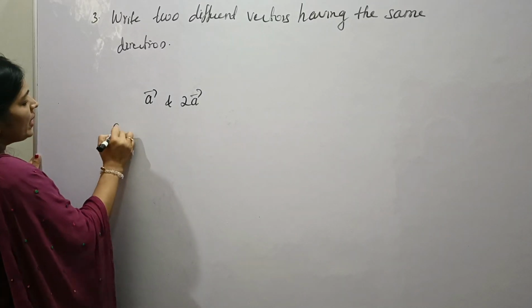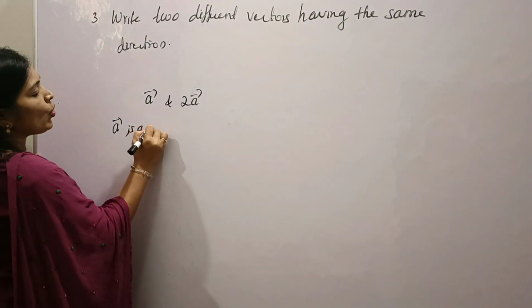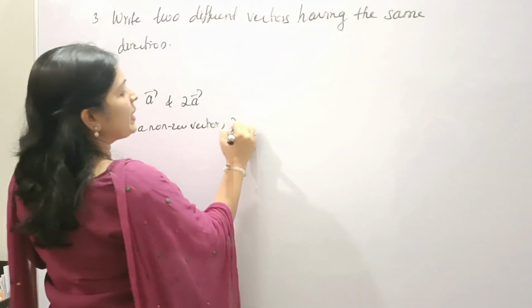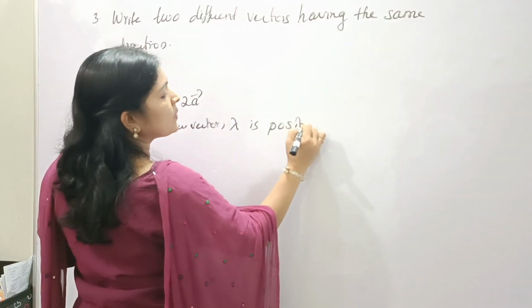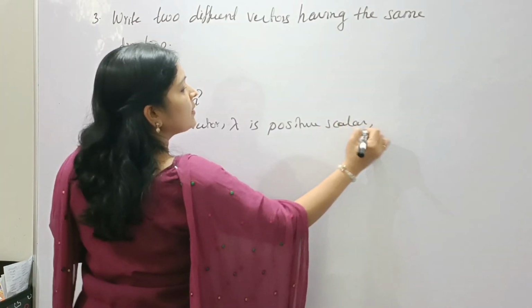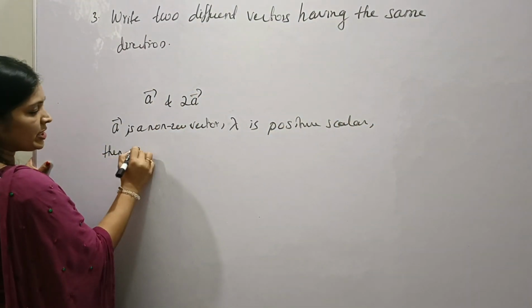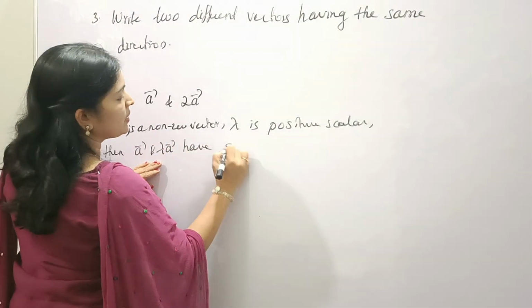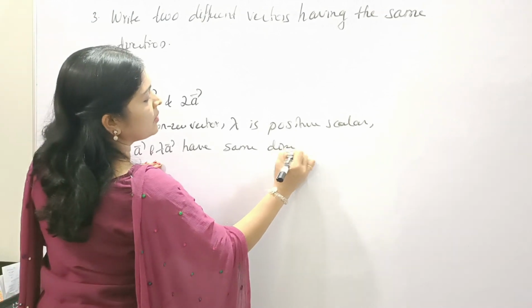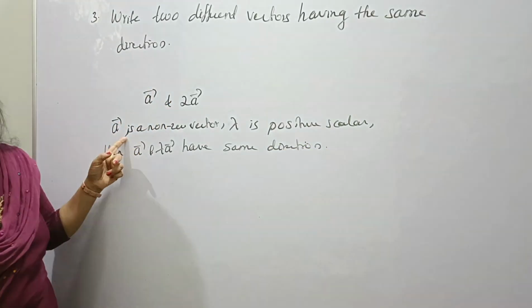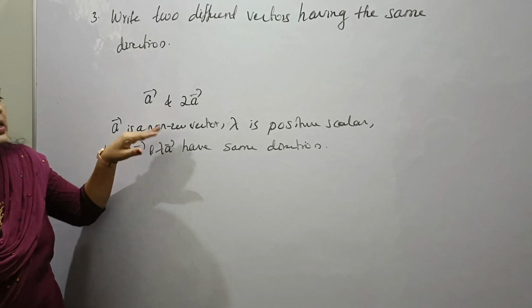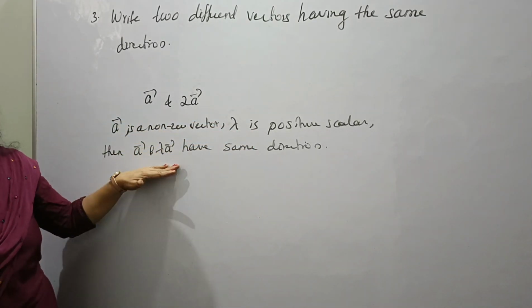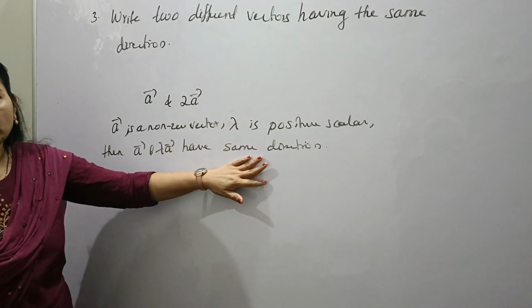Generally we can say, if vector A is a non-zero vector and lambda is a positive scalar, then vector A and lambda vector A have the same direction. Keep it in your mind.